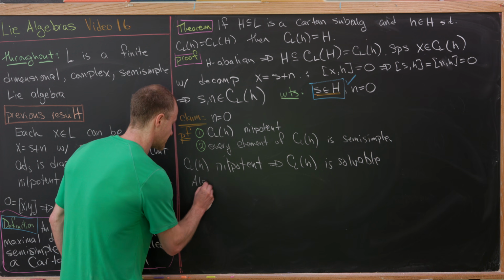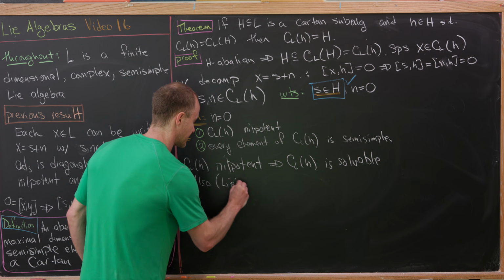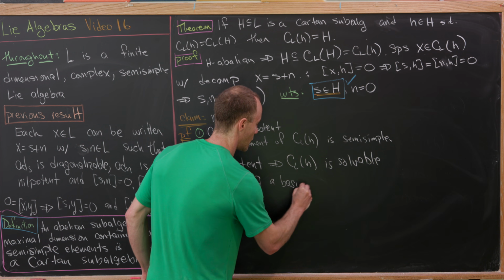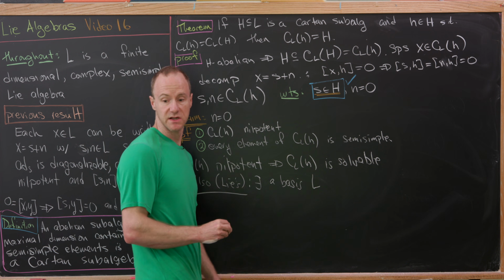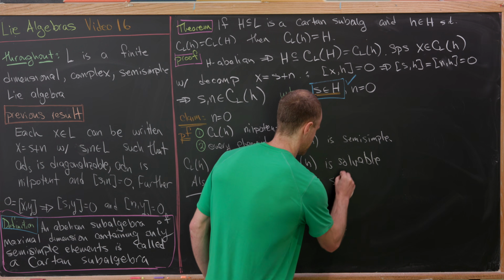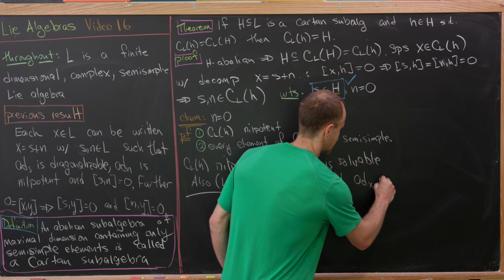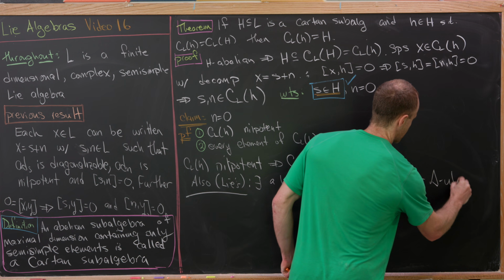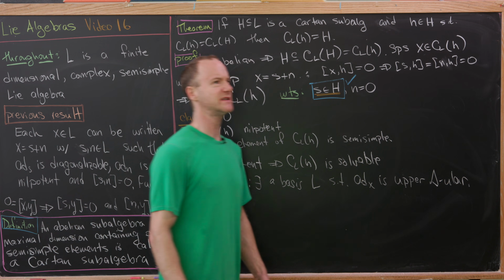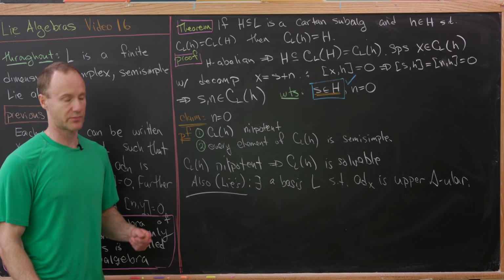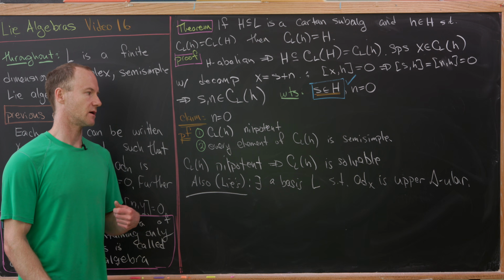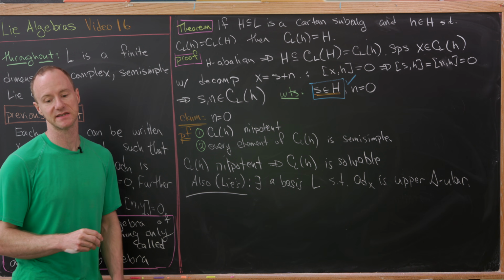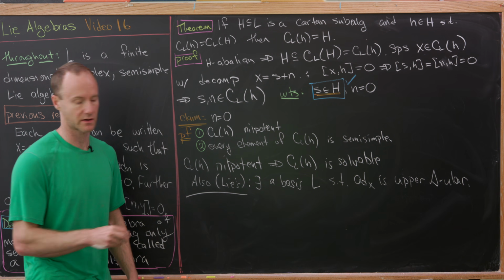But then also, by Lie's theorem, there exists a basis of the whole space L such that ad x is upper triangular. Recall that semisimple was like an abstraction of upper triangular, but then Lie's theorem tied those two together by a choice of a basis that made the whole thing upper triangular.